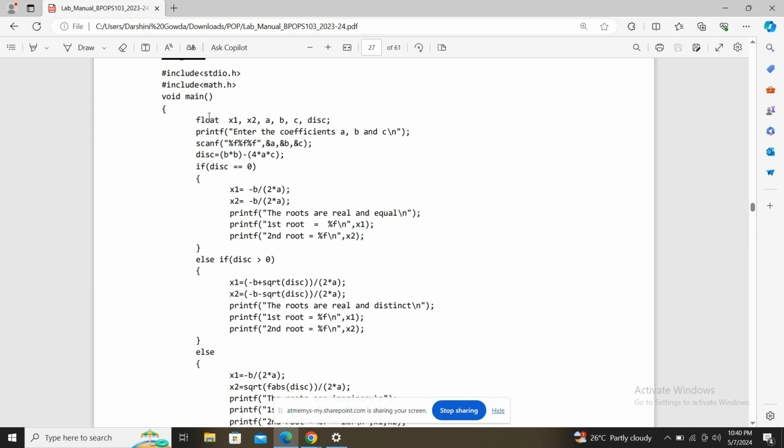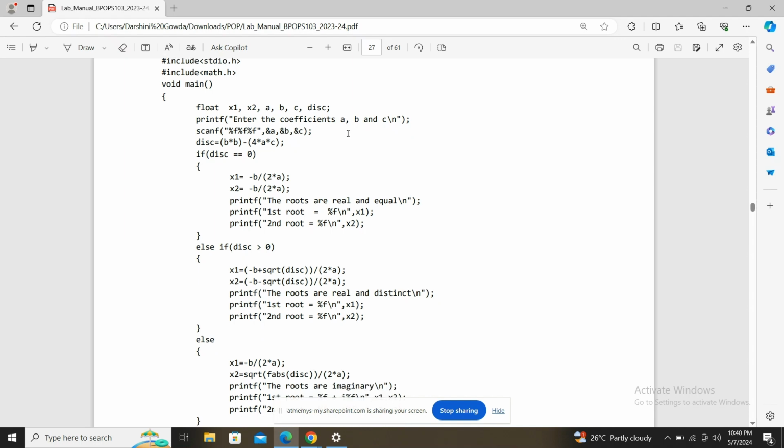After that, we take two input and output statements, one printf and one scanf. The first printf statement asks to enter the coefficient values of a, b, and c. In the scanf, the format specifier would be %f, since we are using the floating point data type. Here we are reading the values of all three coefficients.